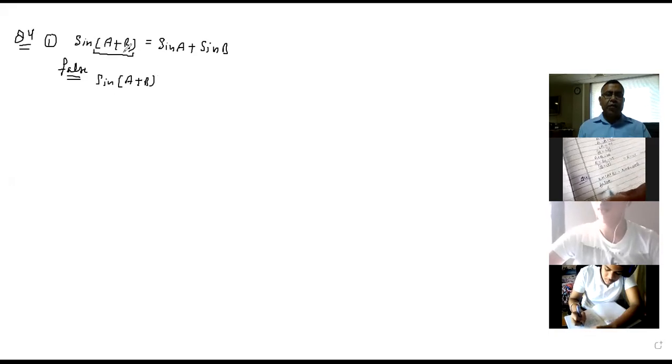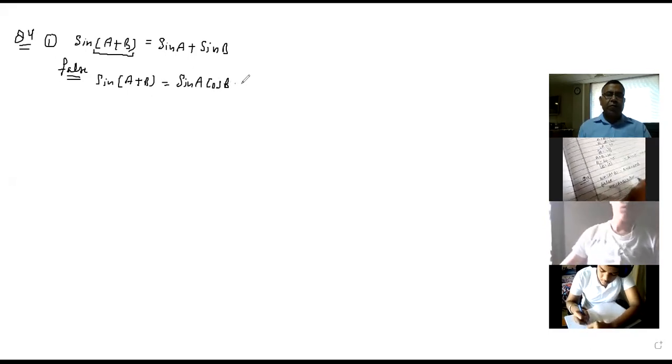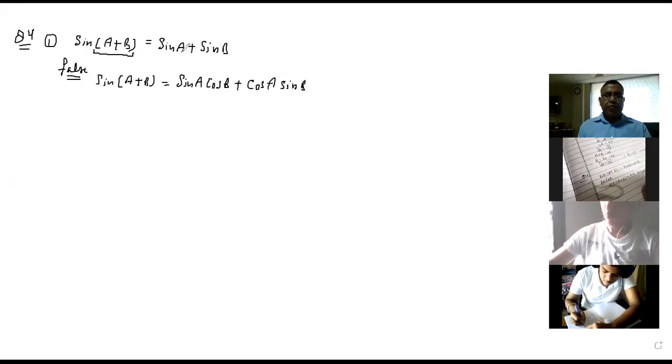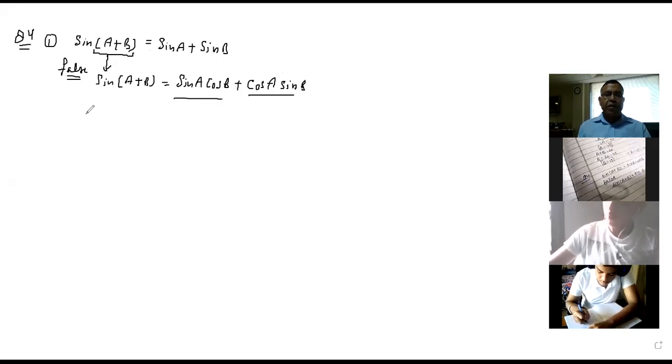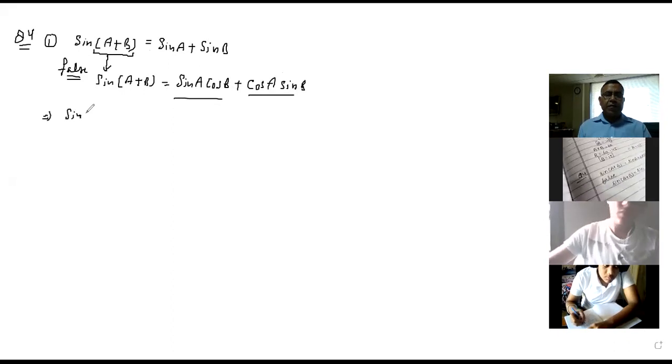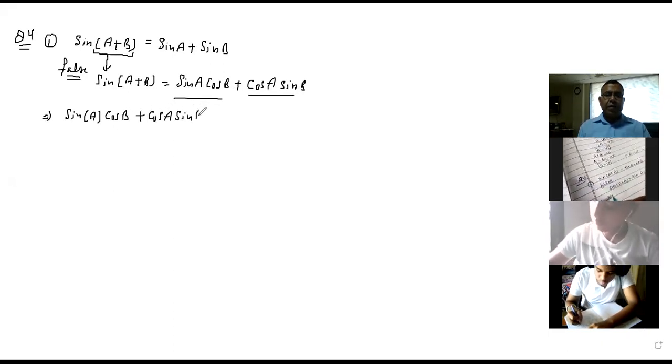Moreover, this is an angle, so a trigonometric value can never be multiplied. So sine A plus B is equal to sine A cos B plus cos A sine B. This is the formula you will learn in 11th. So both are not equal. When I expand sine A plus B, it will be this, not that. So the statement is false.